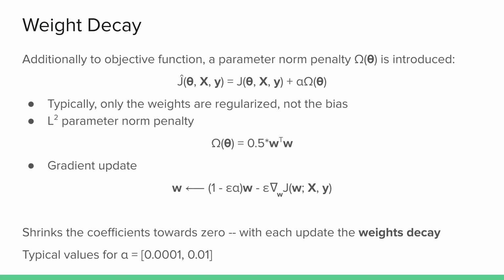That's why it's called weight decay. Our weights become less and less. And the rate by how fast they become zero ultimately is determined by our weight decay parameter alpha. That is typically a very small number, like 0.0001 or 0.001.